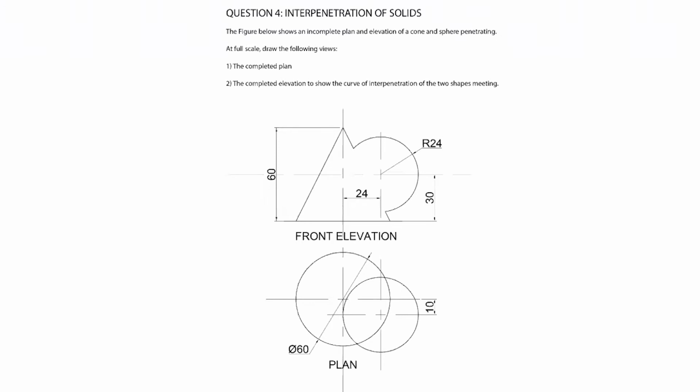But roughly, I'm just going to analyze this and look for our key information, because we need to go over to AutoCAD and build this. The height of our cone is 60 millimeters, and all the dimensions are in millimeters. The base of our cone is 60 millimeters diameter.